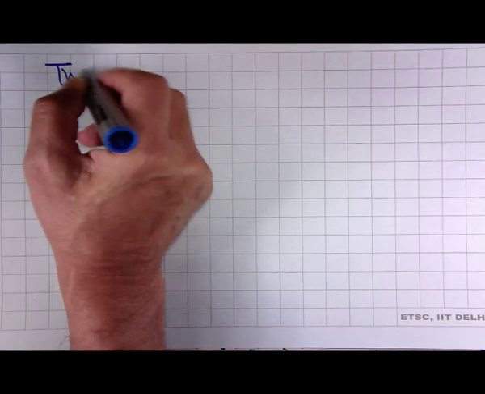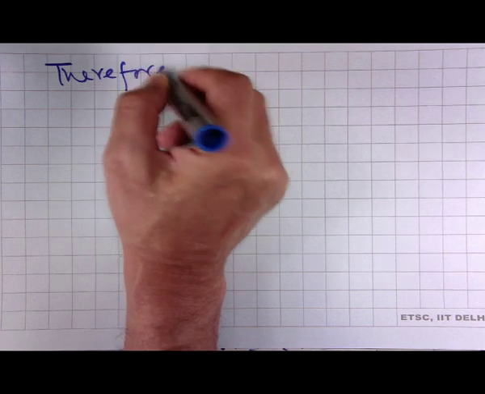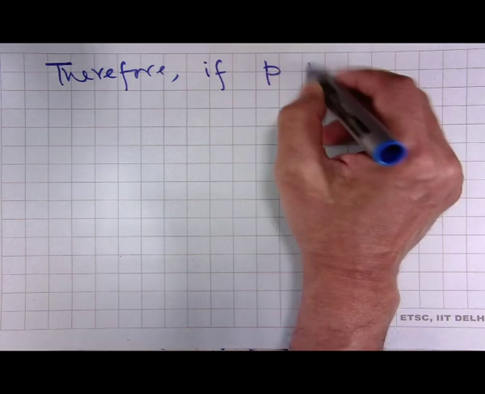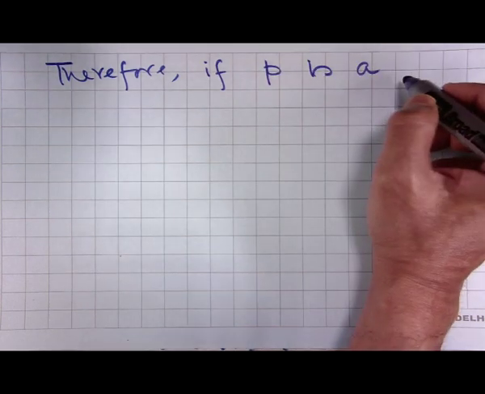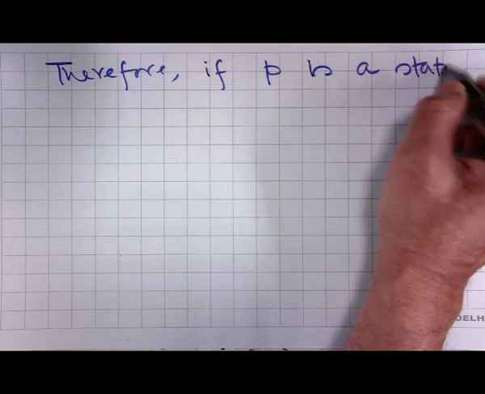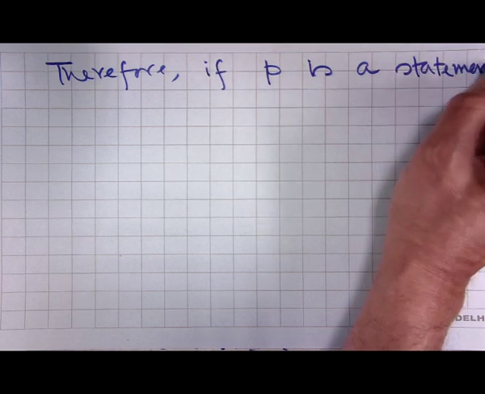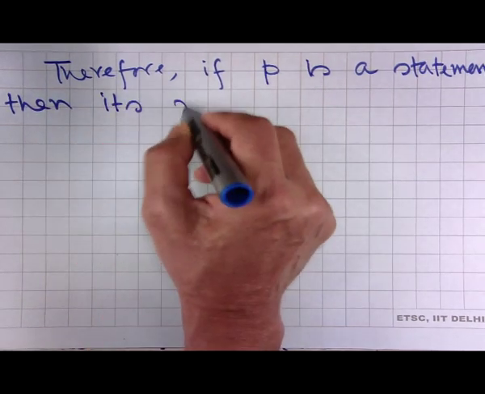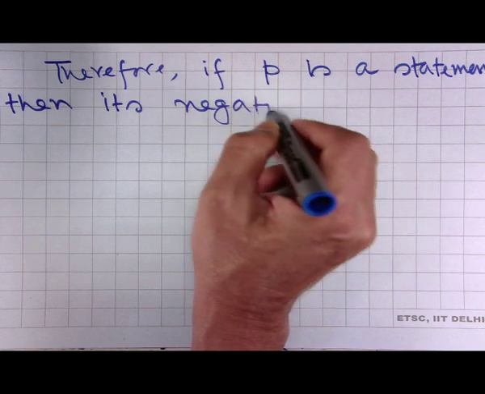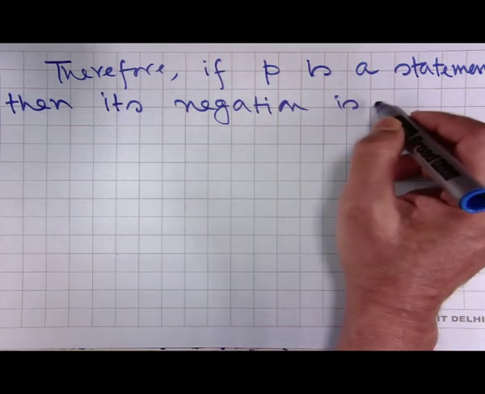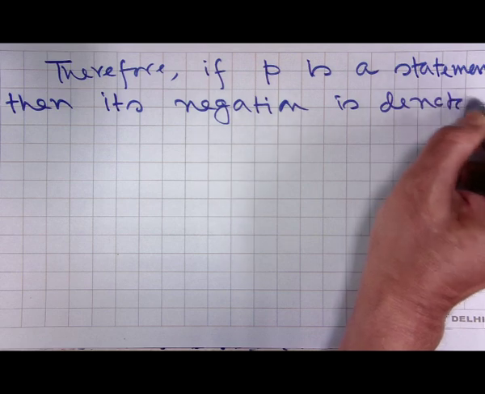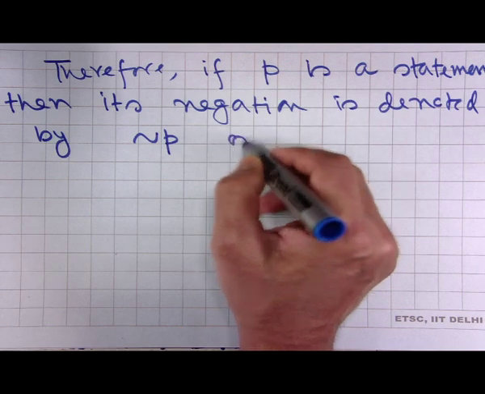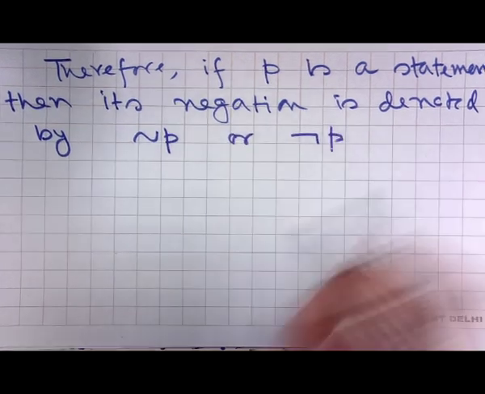Therefore, if P is a statement or proposition, then its negation is denoted by not P, or this.